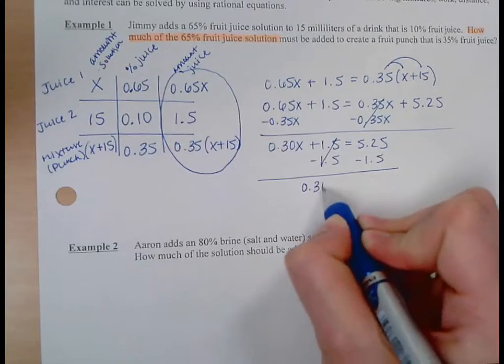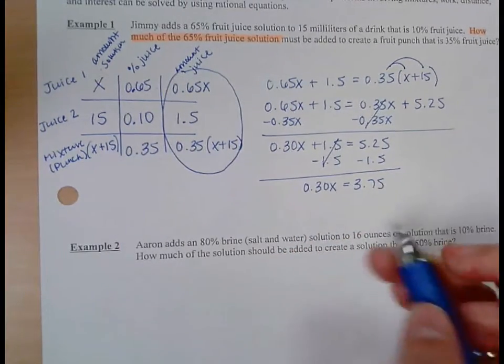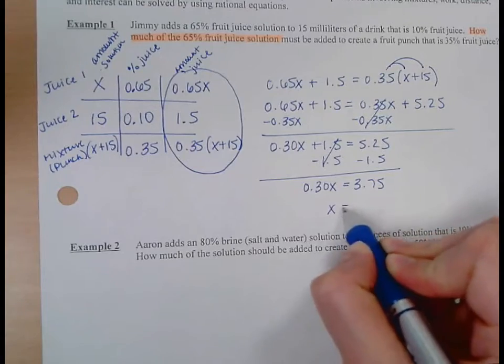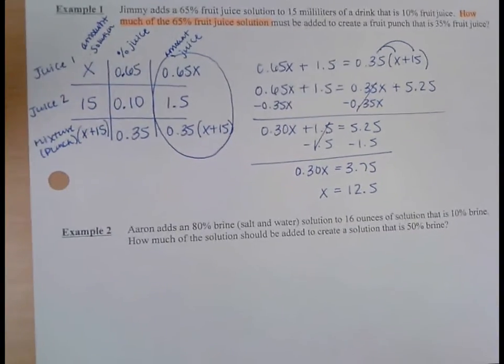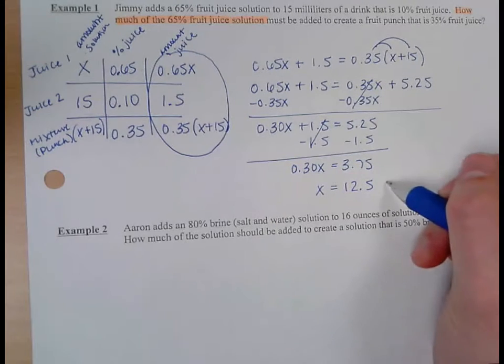So 0.30x equals 3.75. Divide by 0.3. So x would equal 12.5. And then what would the units be on x? 12.5 what? Milliliters, yep.